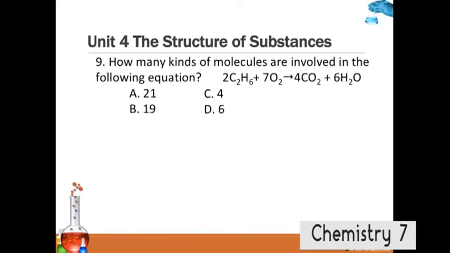How many kinds of molecules are involved in the following equation? 2C2H6 plus 7O2 yields 4CO2 plus 6H2O.